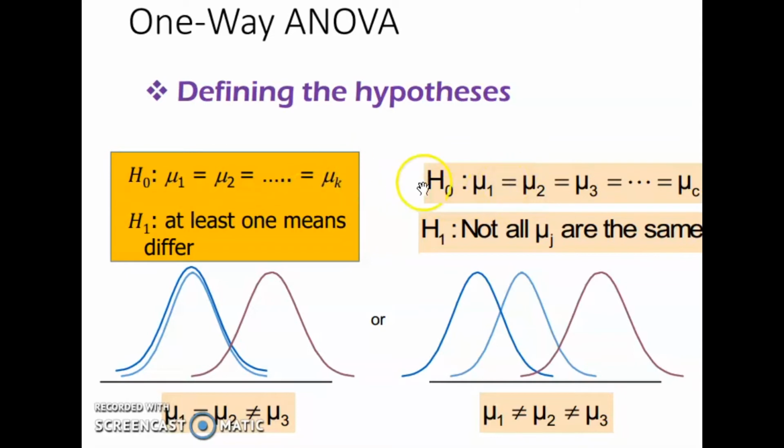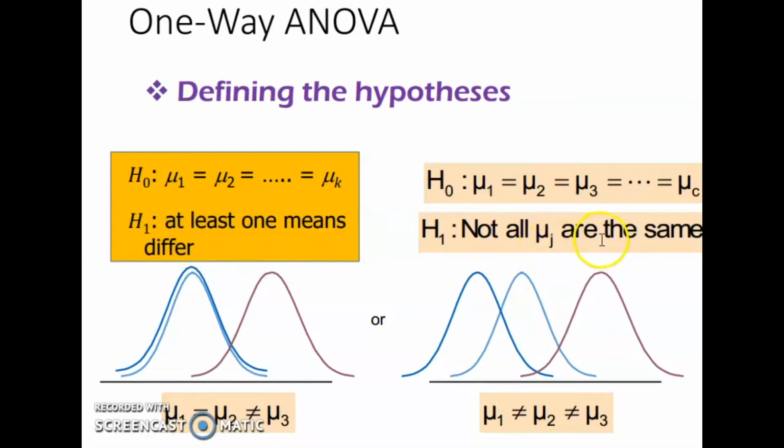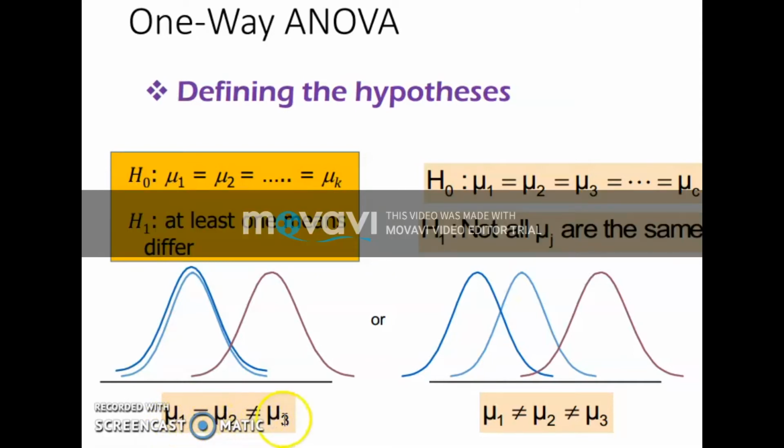For the alternative hypothesis, we can say that at least one mean differs, or that not all means mu are the same. Or we can even state mu1 not equal to mu2, or not equal to mu3.